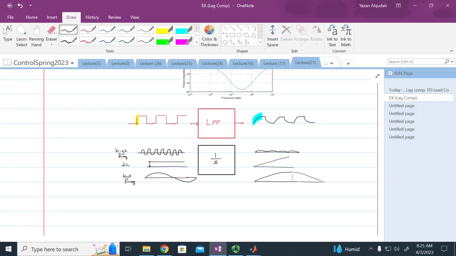If this is the lowest frequency, the output got larger and larger. I increase the frequency, it still got bigger. I increase the frequency, all of a sudden, it got smaller. If I increase the frequency even more, what is the output going to be? Even smaller and smaller. So therefore, the integrator is going to act like a low-pass filter.